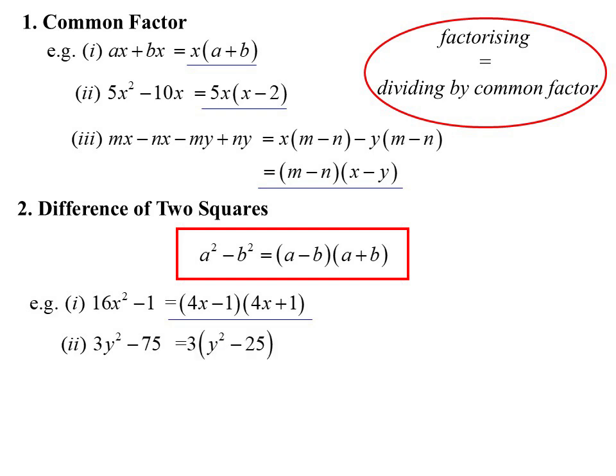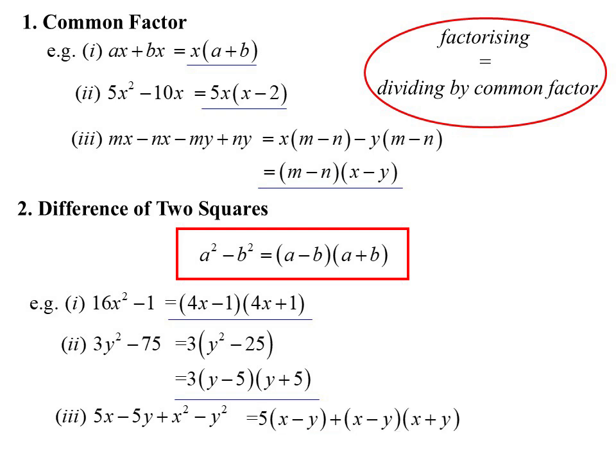You pull out the common factor, you've then got the difference of two squares. There's our answer. Oh, here's grouping in pairs, but it's not a common factor that I'm going to pull out of the second one. That one I can do by difference of two squares, but it still works because I pull the 5 out, and in the second one when I do the difference of two squares, I have that common factor now of x minus y. So I can do the division and I can factorise it.